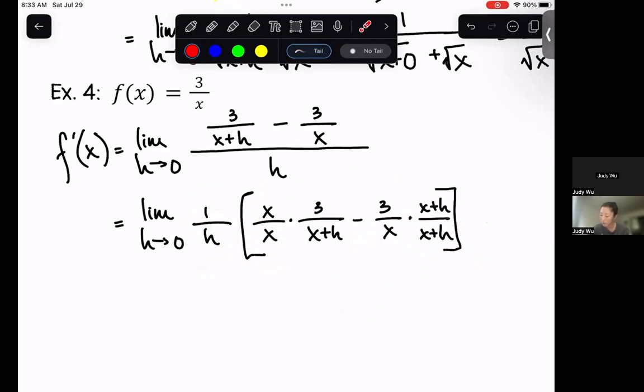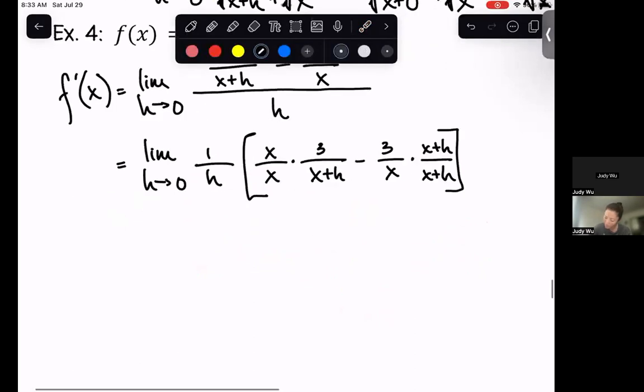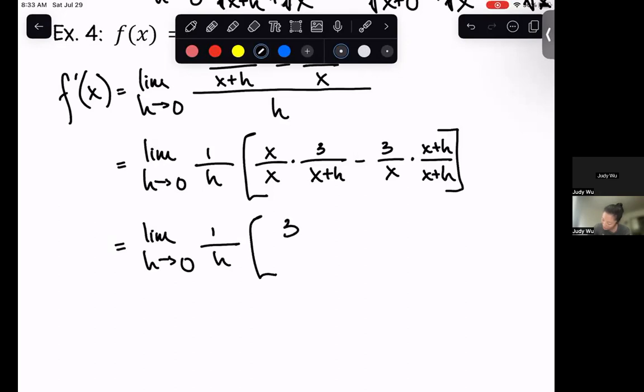So if you don't have a problem with doing all of this over h, you're fine to keep it that way as well, okay? All right, let's do some algebra. Limit as h approaches 0, 1 over h, I get 3x minus 3 times x plus h all over x times x plus h.